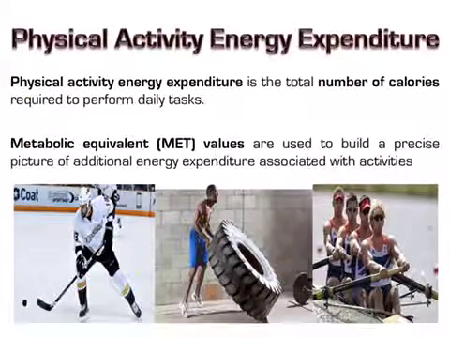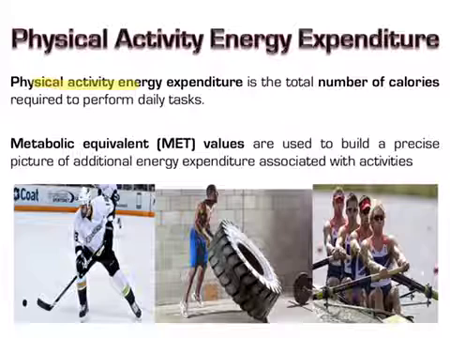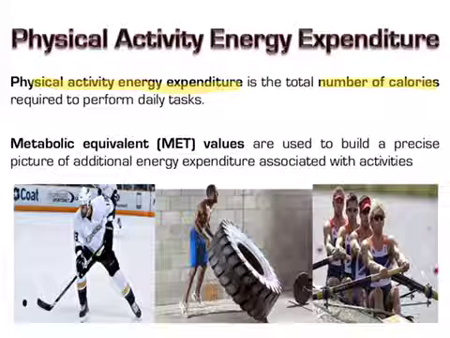So the physical activity expenditure is the total number of calories that's required to perform daily tasks. So in other words, how many calories is needed to walk, to climb a set of stairs, to run, to play a particular sport or take part in any physical activity.